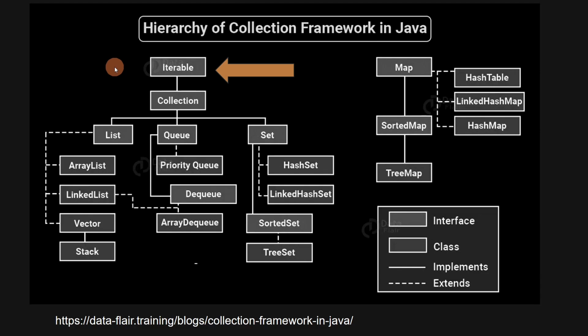Generifying the number containers themselves is quite easy, and we can rely on good old object orientation for that. You see the hierarchy of the Java collections, where every collection actually extends from Iterable. And what Iterable means is that the collection can give you a way to go over each of its elements.